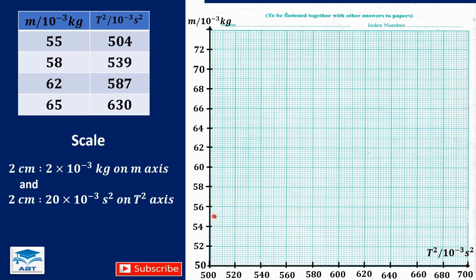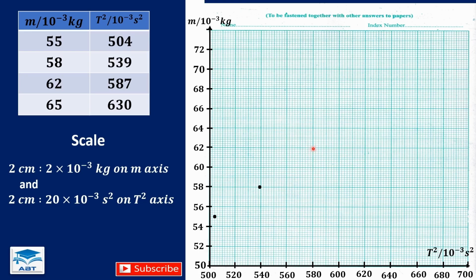For the next value, we have 58 on m axis. This is 58. And we have 539. This is 540. So 539 will be within the last box. So they are going to meet here. The next one, we have 62 on m axis and 587. This is 580. One box is 2.